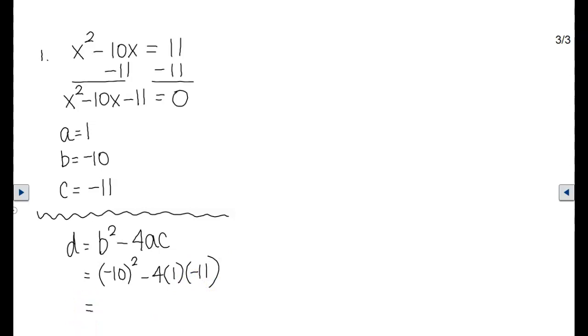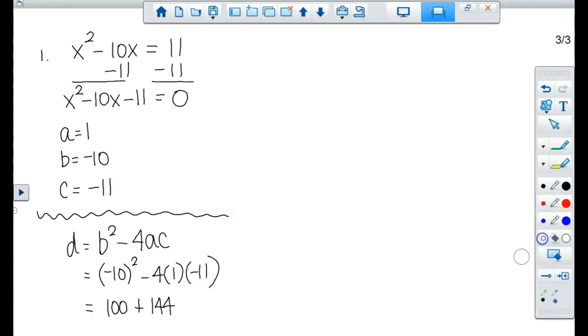Now, you all know that the first thing we're going to do is the exponent. So first we do a negative 10 squared, which is 100. And then we're going to do this multiplication. So we're doing a negative 4 times 1 times a negative 11. So negative 4 times 1 times negative 11 should be a positive 44. Oh no, excuse me, that's not 144, that's 44.